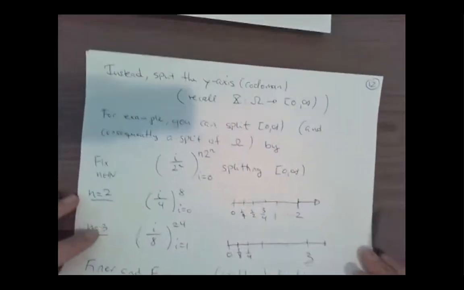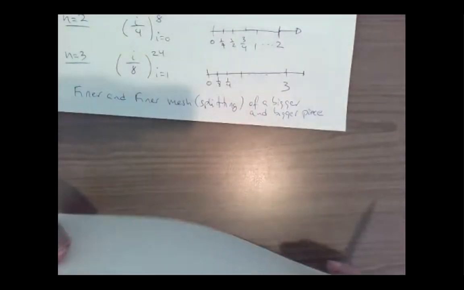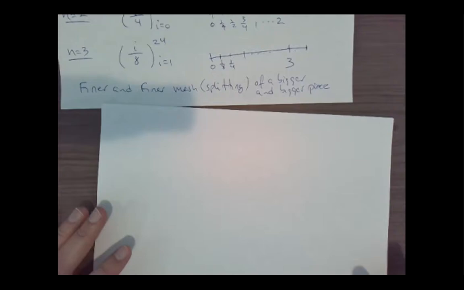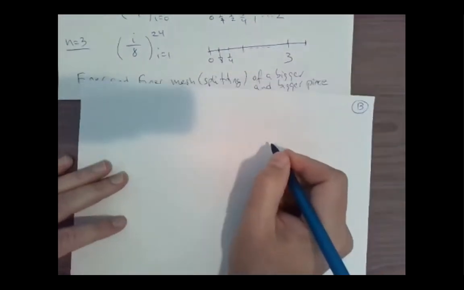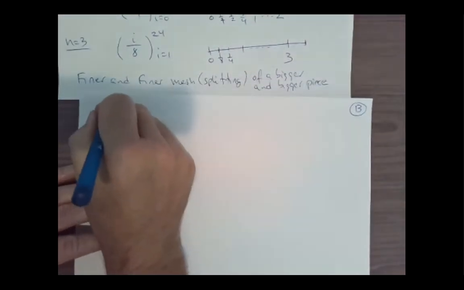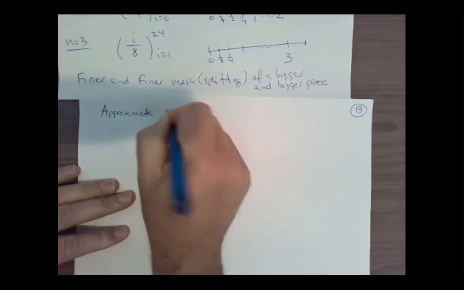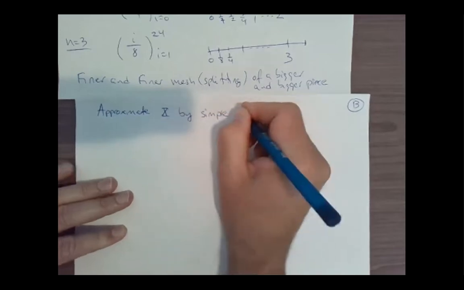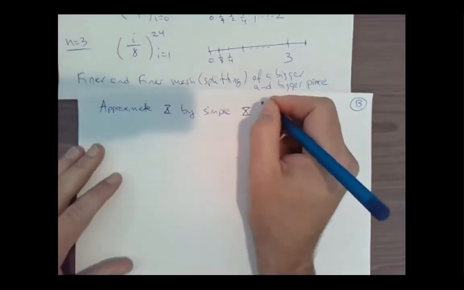So then, if I have such a splitting, how could I approximate x? So I could approximate x by simple functions, let me call them xn.